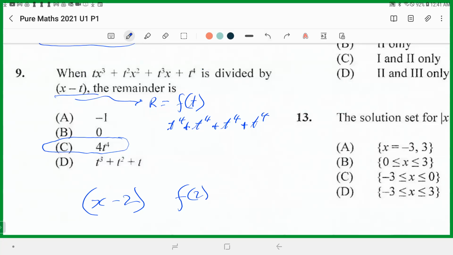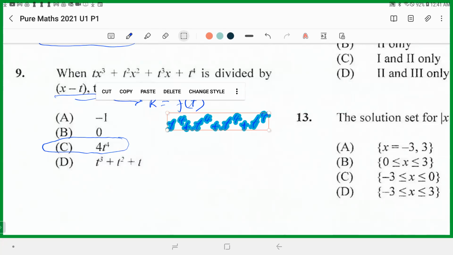I'm going to get t cubed times t is t to the 4th power. I plug t also for the x. It's going to become t squared times t squared is t to the 4th power again. I plug t also for the x right there. So I'm going to get t cubed times t, which is still t to the 4th. And then this is already t to the 4th. So each of the 4 values becomes t to the 4th power. And so it's 4 times t to the 4th power. Get it? Yes, sir. All right. So that's what this is equal to.